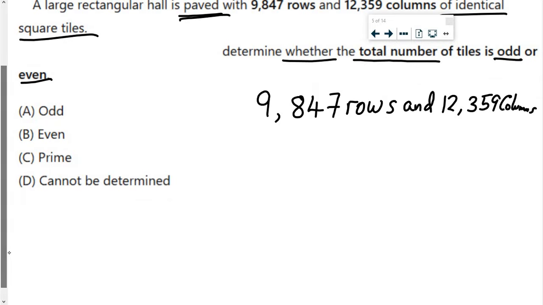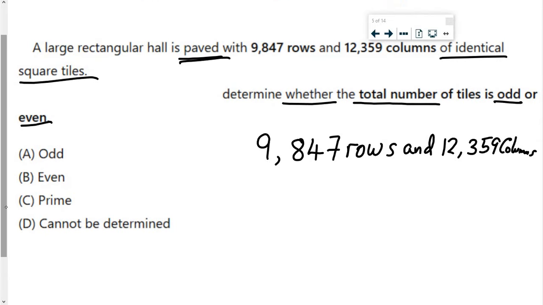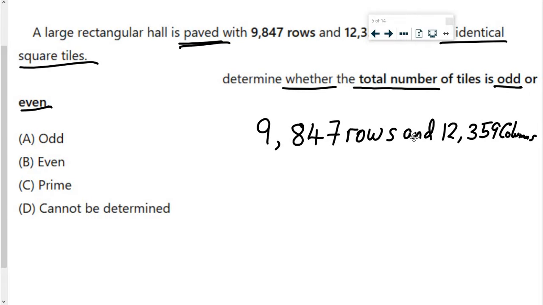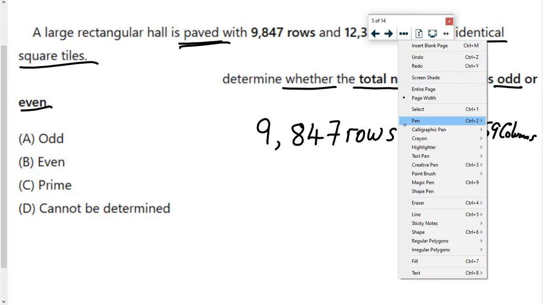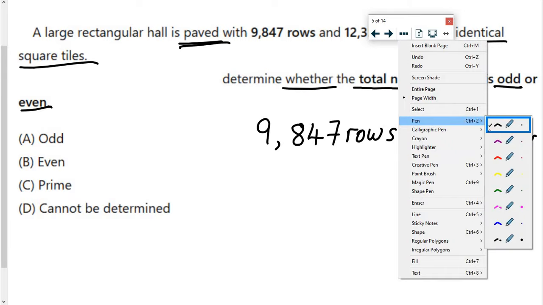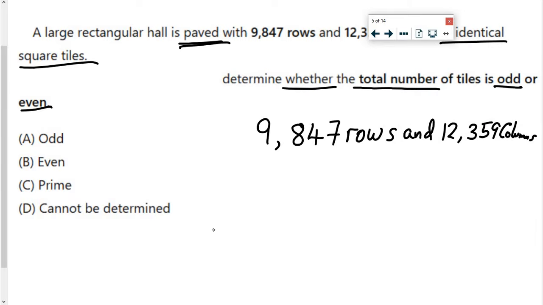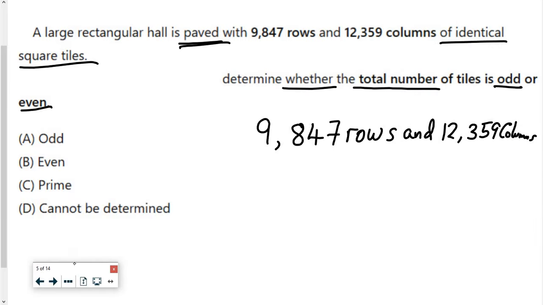So, we want to find the total number of tiles, but we don't have to calculate it. So, what you're supposed to do is this.